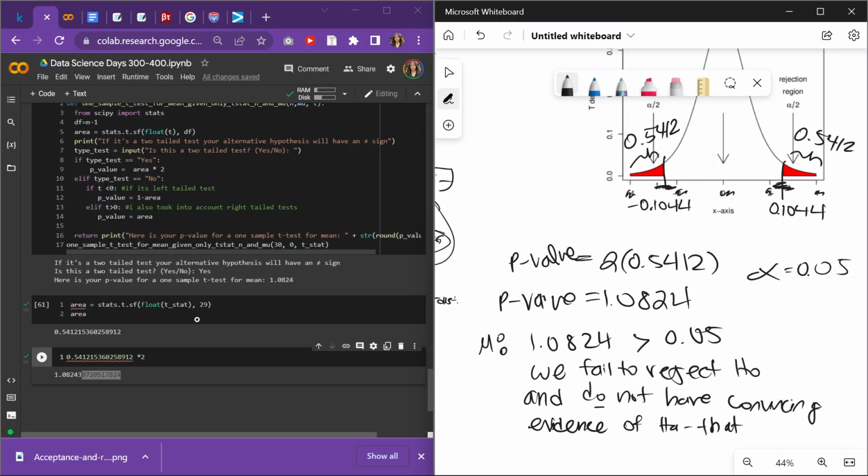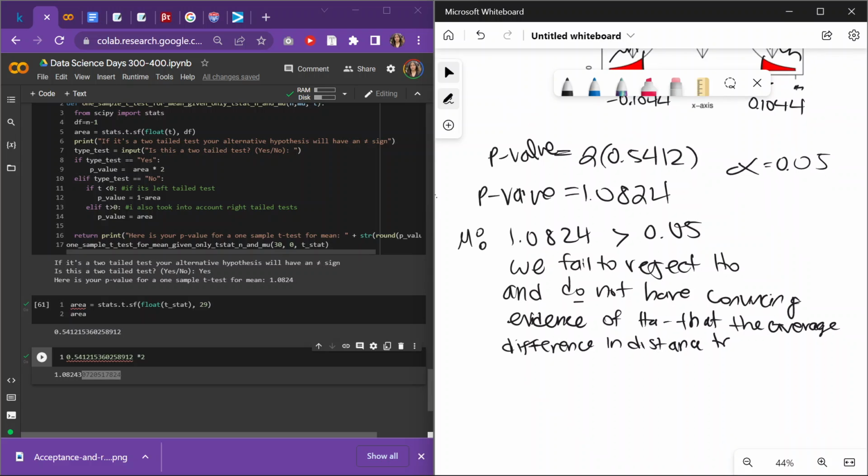Let me think. What was it again? That the mean, the average difference in distance traveled by gummy bears in each treatment.